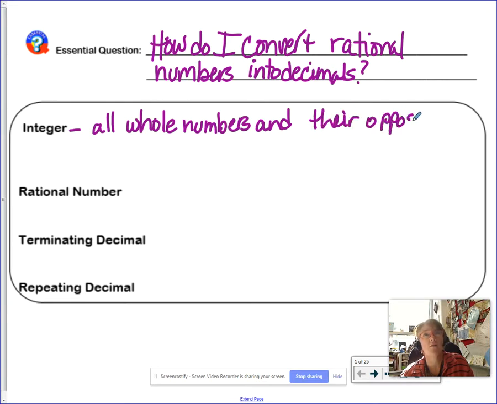Now, I don't know about you, as much as I like word definitions like this, it helps me if I can write it down and show it as well. Okay, so underneath here, will you start by listing the whole numbers 0, 1, 2, ... The whole numbers go on into infinity.